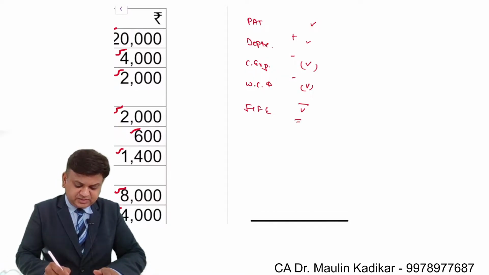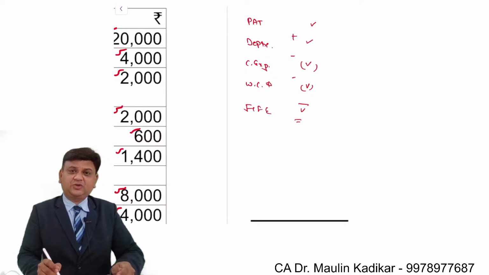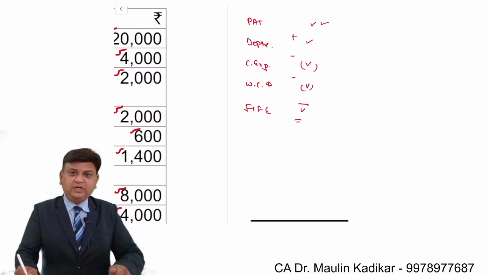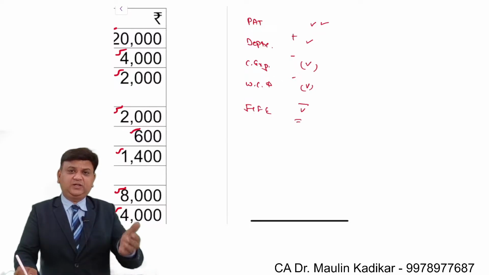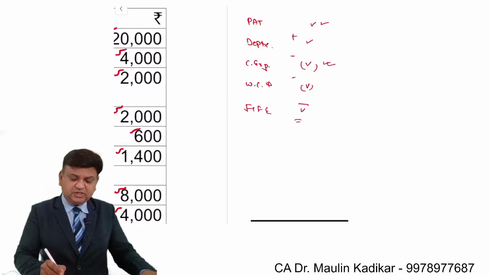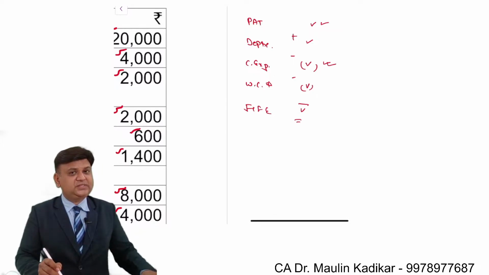Profit after taxes plus depreciation. Why? Because depreciation is a non-cash item. In calculation of the profit only the operating items are taken into account. Any capital expenditure is not considered, so it is deducted later on. Again, the working capital adjustments are not made when we compute the profit.